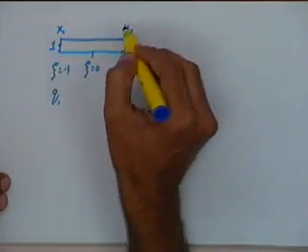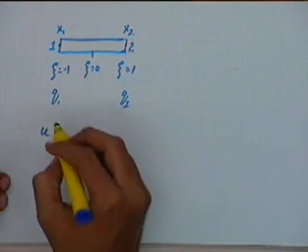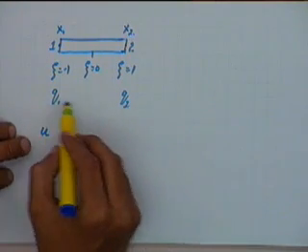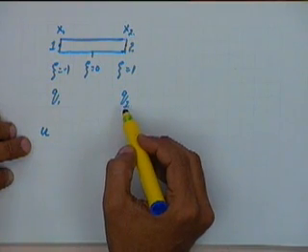The deformation at any point inside this is given by u, and we will assume that this deformation is a combination of q1 and q2, depending only on q1 and q2.